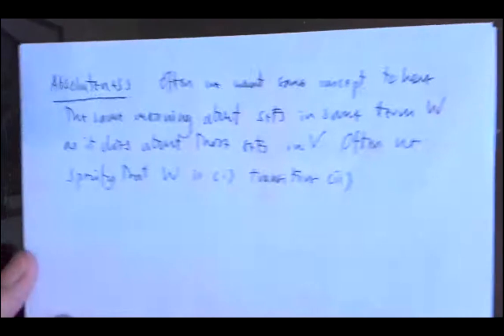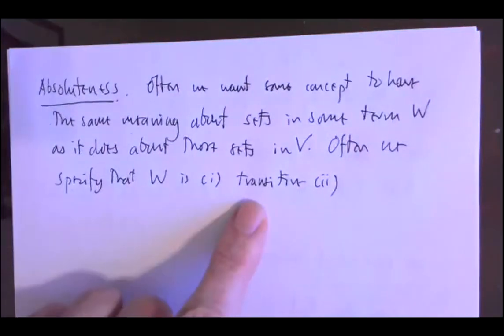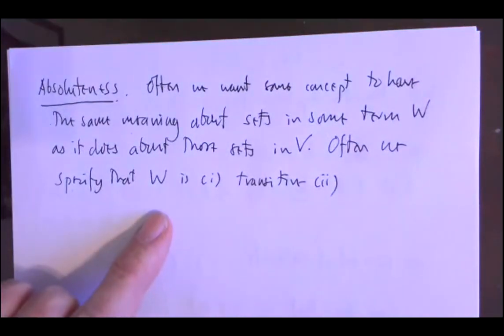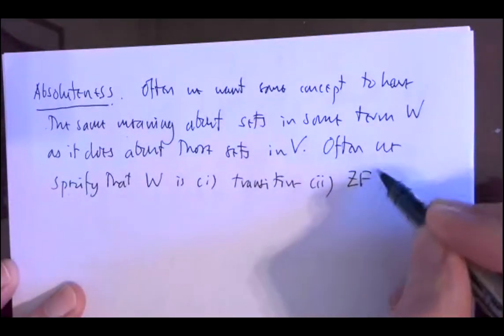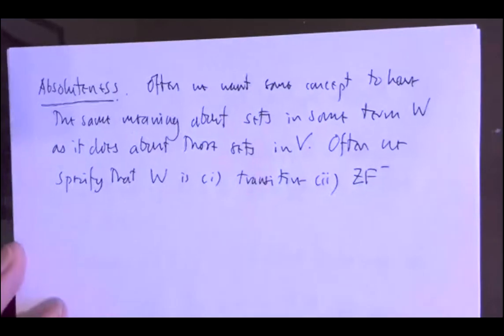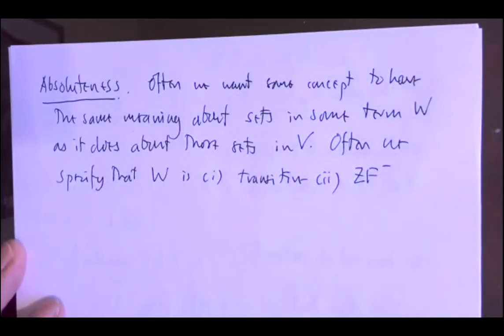So it has all the epsilon information about any of the sets, because any set is a subset. And we ask that it's a model of a lot of axioms, all the axioms except power set.